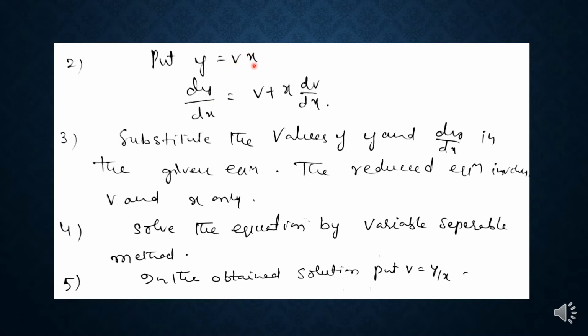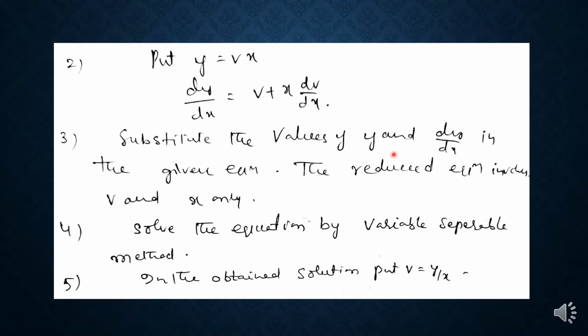By applying the product rule, d by dx of vx is v into d by dx of x plus x into d by dx of v, that is v plus x dv by dx. So we can write dy by dx is equal to v plus x dv by dx.